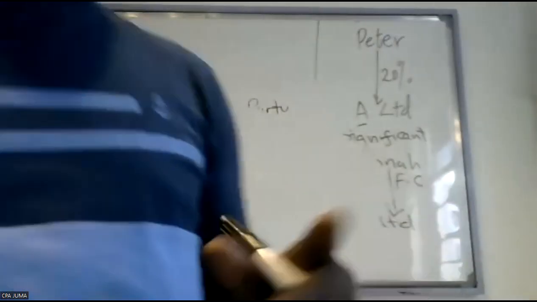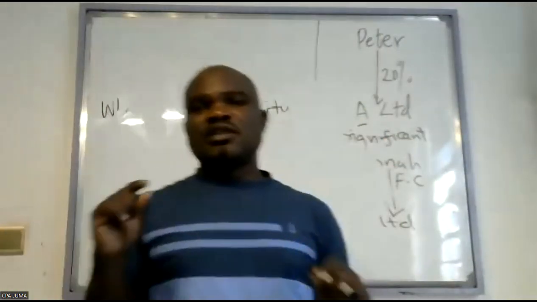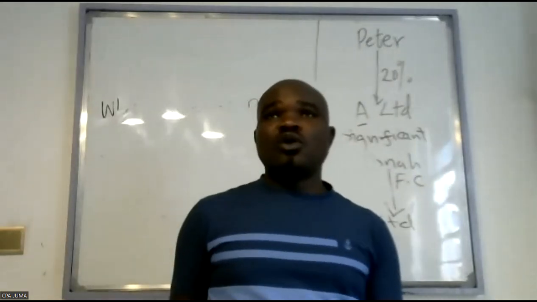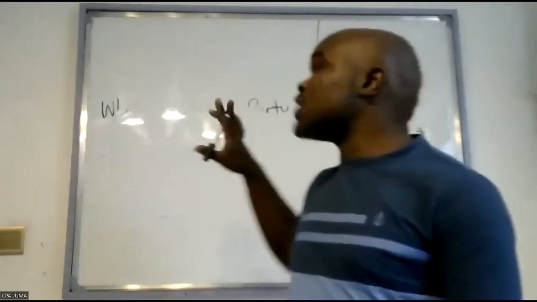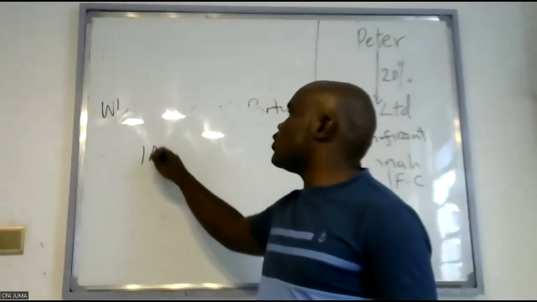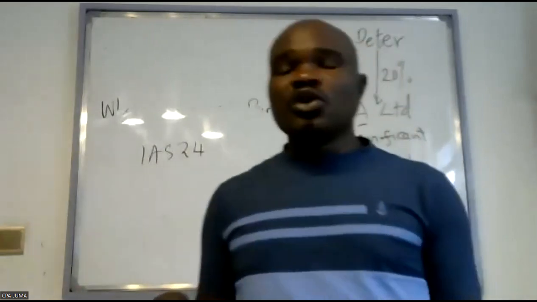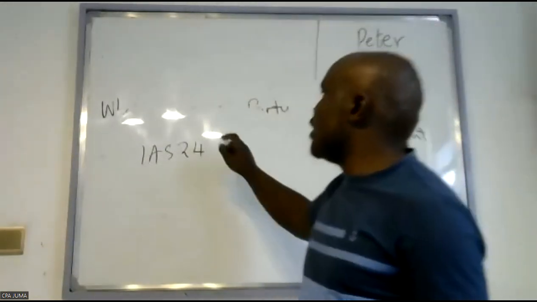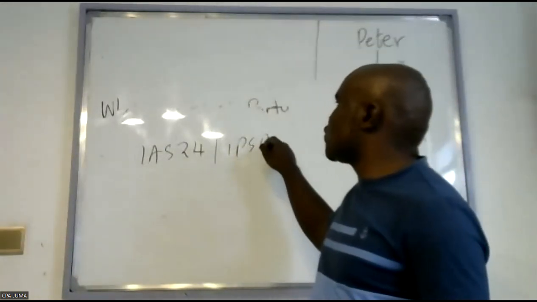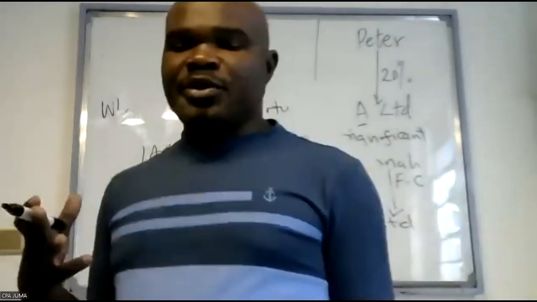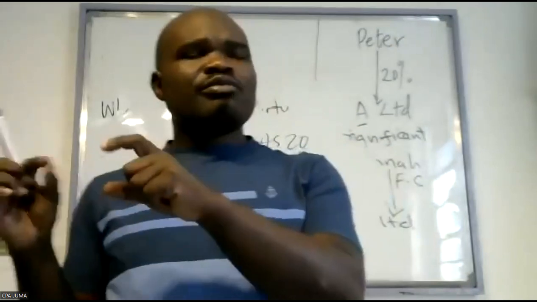The IAS are just the same as IPSAS, but sometimes they tend to differ slightly. This standard here is IAS number 24 on related parties. When you go to the public sector, they apply IPSAS number 20. So they are similar almost in all aspects, except in some small ones.